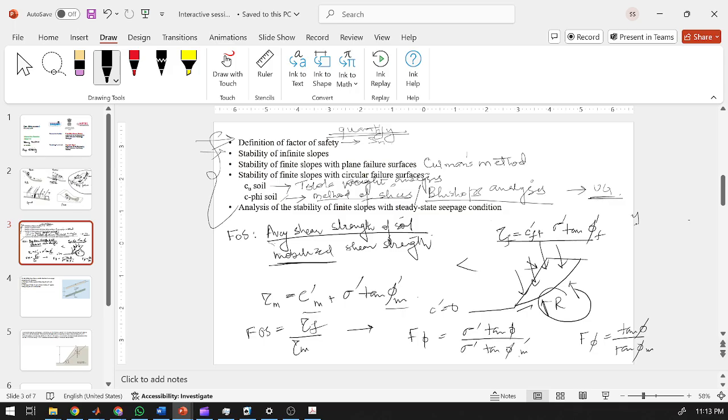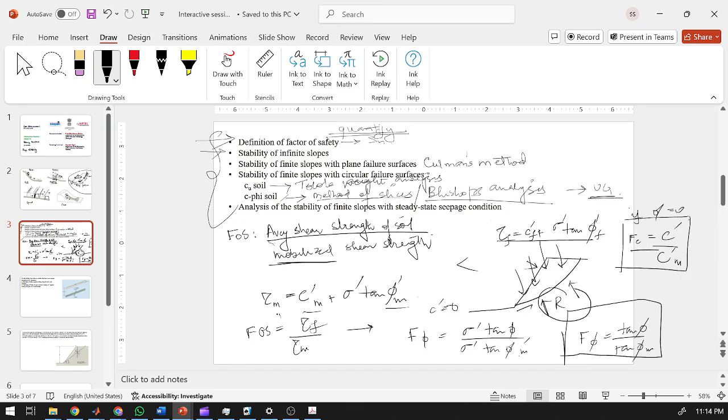And if we consider phi equals 0, we have Fc equals c dash over c dash mobilized. The factor of safety with respect to cohesion, factor of safety with respect to friction, and this is the actual factor of safety.